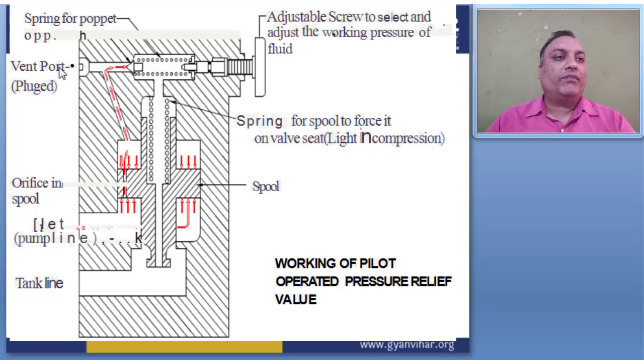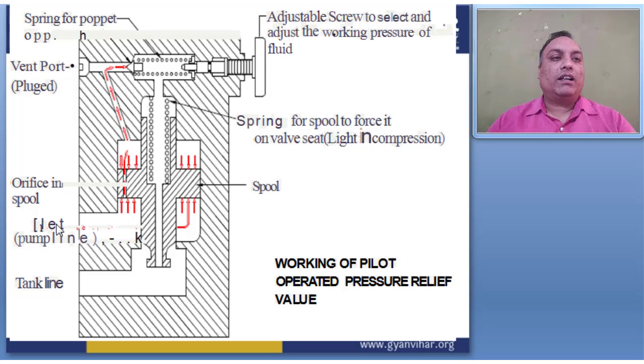This is the vent port, and this is connected. Here one plug is connected inside it, and this pressure gives a force on this poppet. So this poppet suddenly opens, and then the liquid passes through this line to again this line. Here 2 springs are given because it handles 2 types of pressure.